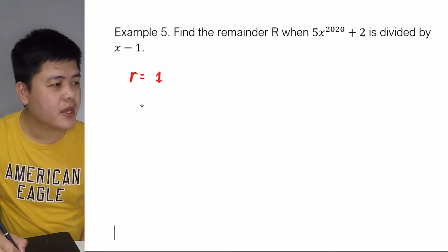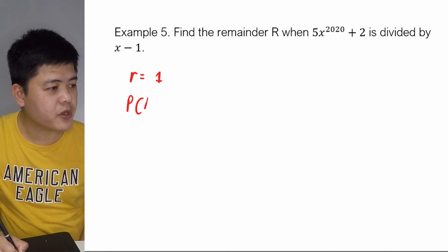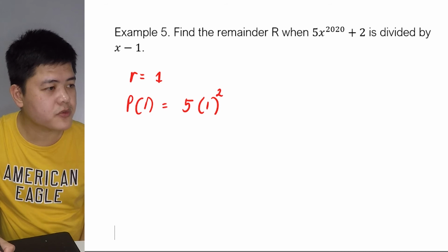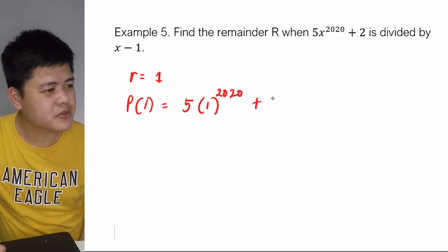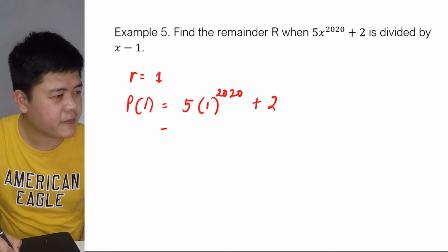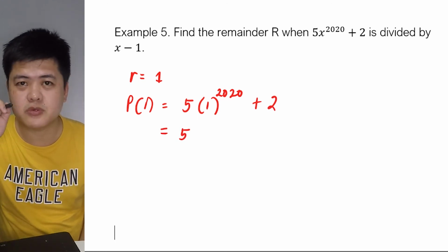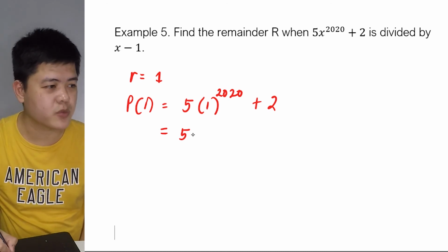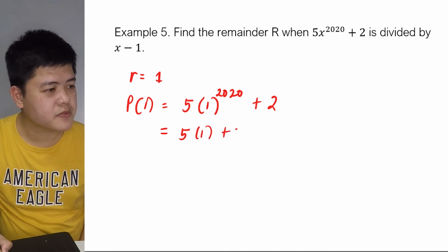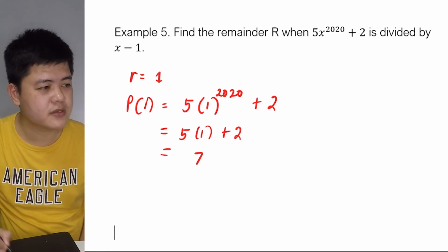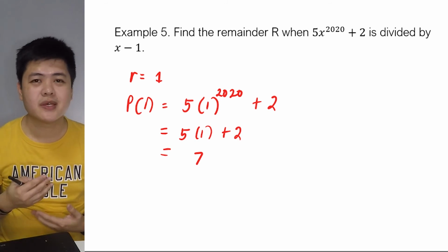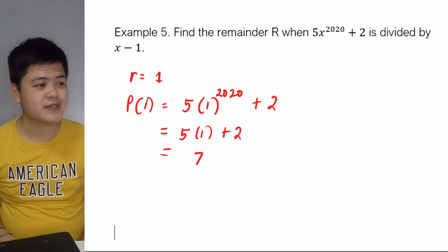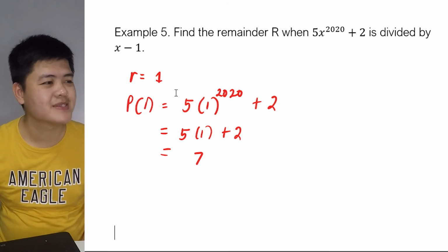The remainder is equivalent to p of 1, which is 5 times 1 raised to 2020 plus 2. 1 raised to 2020 is just 1, so 5 plus 2, and the answer is 7. So the remainder is 7.